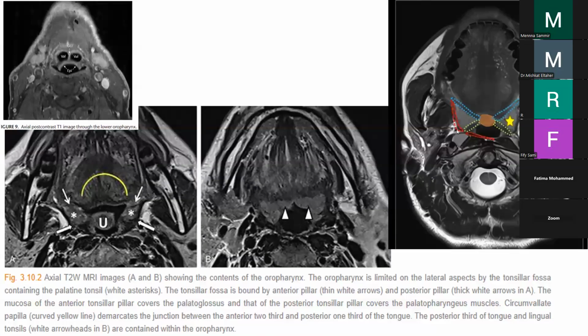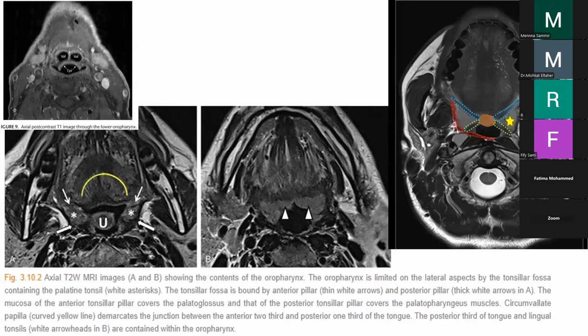The lingual tonsils sit further back along the tongue base and can extend down toward the vallecula. The vallecula are paired recesses, appearing on the image on the top left, divided at the midline by the glossoepiglottic fold, which extends from the tongue base anteriorly to the epiglottis posteriorly.